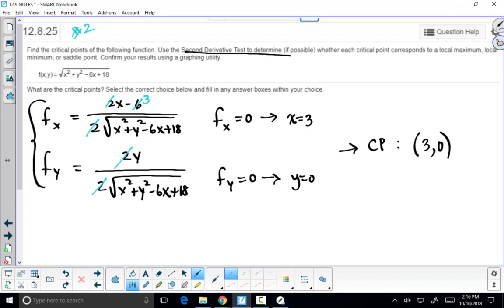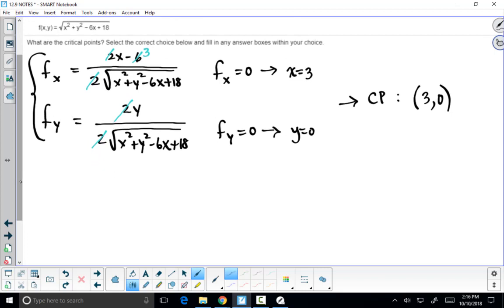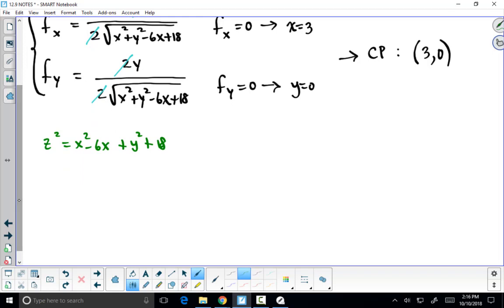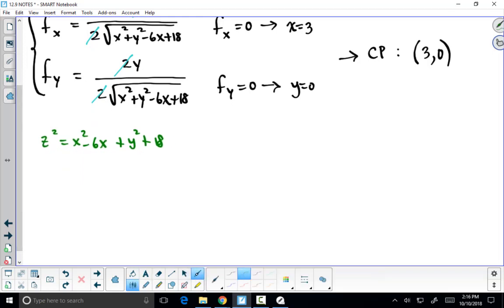Can we get a sense of, let's do this before we do anything else. It's always good to know what the surface is. It helps if you can, and this is pretty easy. If we square both sides, we have z squared equals x squared minus 6x plus y squared plus 18. So I'm going to complete the square in x.